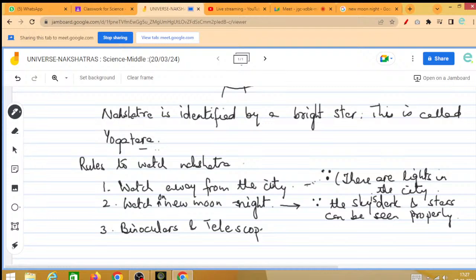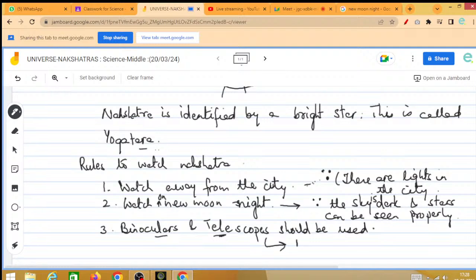What happens when we use telescopes and binoculars? Ma'am, we can see easily. Why do we see easily? That's what I'm asking. Using binoculars, why do we see easily? Because they magnify.